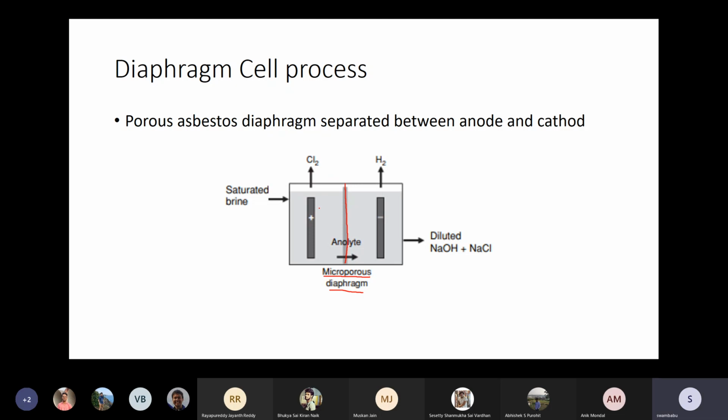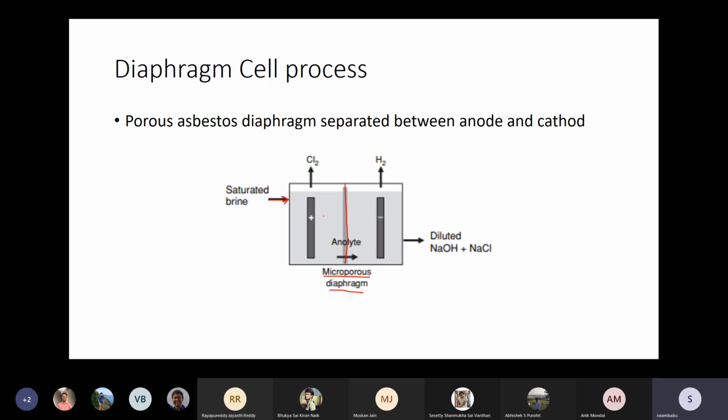On one side we have the cathode, on the other side the anode. On the anode side we feed saturated brine solution.